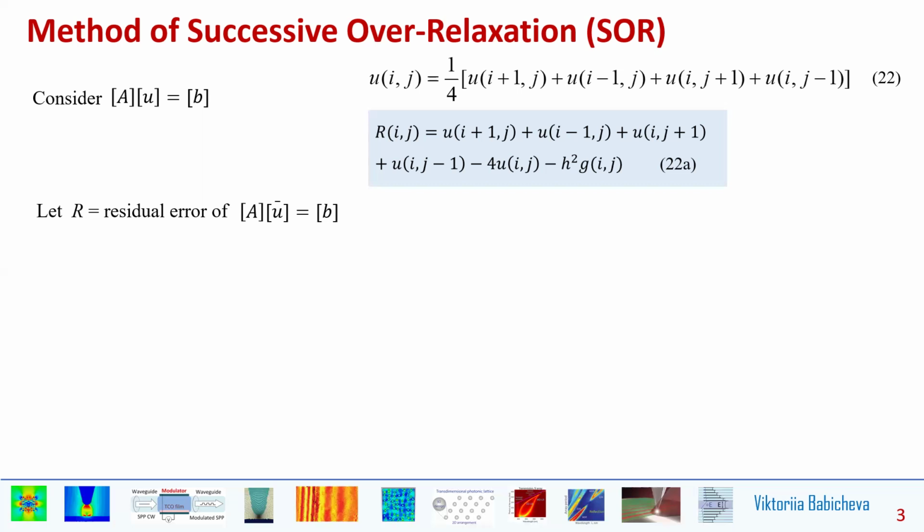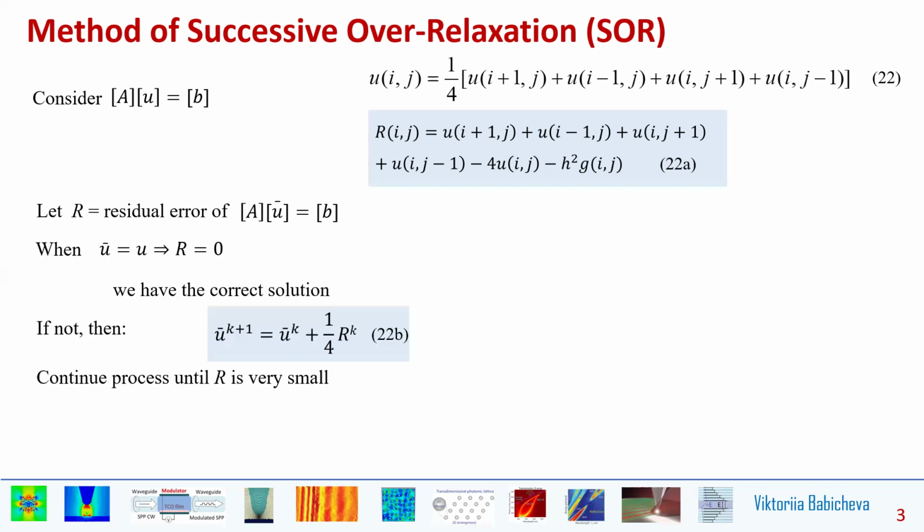According to the second equation, 22a, one can see that the residuum r will change by -4 if the function u is incremented by 1. And simultaneously, the residual evaluated at the four adjacent nodes will increase by 1.